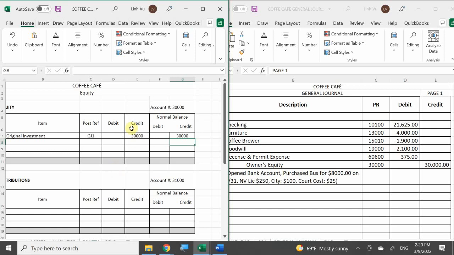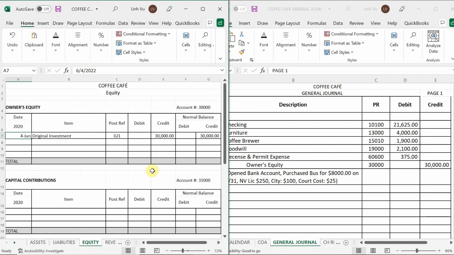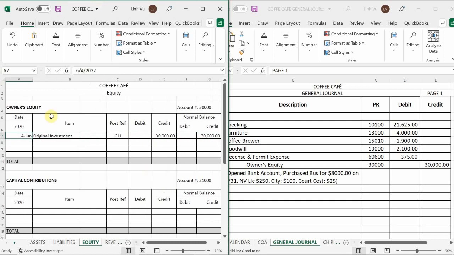Because I put it on my credit side, this is going to increase my equity by $30,000, right? So in this case, my net balance is going to be on the credit side for $30,000.